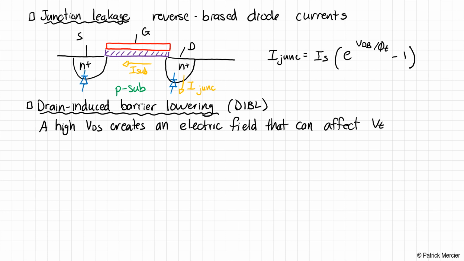Okay, so what we say is that VT is equal to VT0, the nominal threshold voltage, minus eta times VDS. Okay, eta is typically somewhere around 100 millivolt per volt. It's a dimensionless quantity and is referred to as the DIBL coefficient.